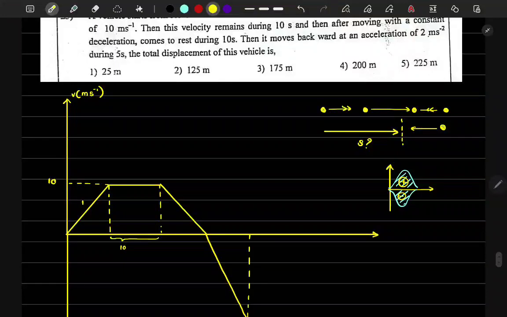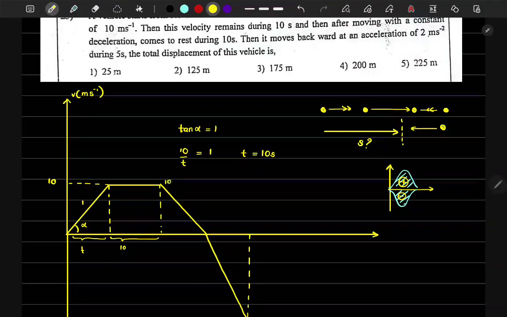If this acceleration is 1 and if this angle is alpha, I know that tan alpha is equal to 1, because the gradient of the graph is the acceleration and the tan value of this angle is the gradient. So if I take this time as t, 10 over t is equal to 1, that is tan alpha. So t is equal to 10 seconds.